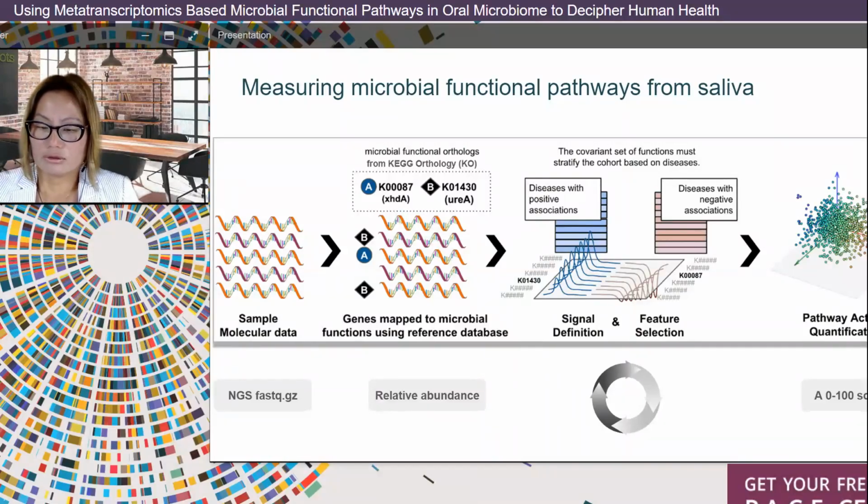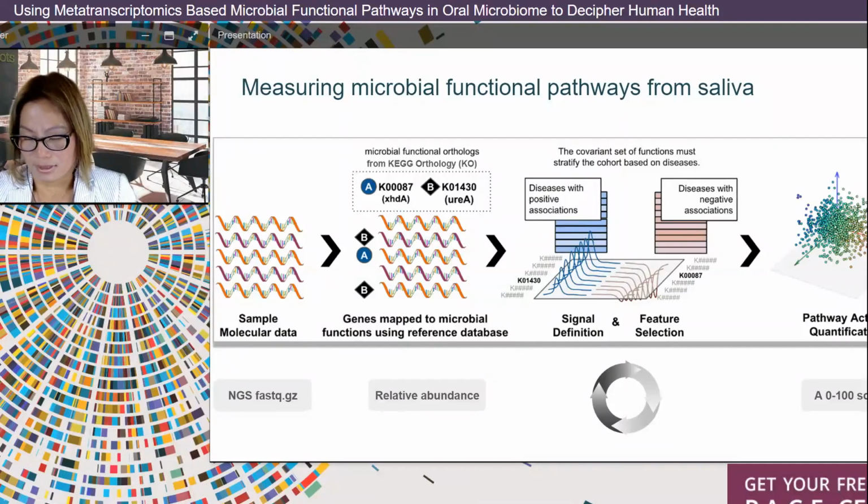And then we also do the normalization. So at the end of the second little figure, we will get the relative abundance of each of these functions. And we use, again, KEGG ortholog or KO to annotate microbial functions. Here just showing two examples, and there are thousands of them typically in a sample, if not more.